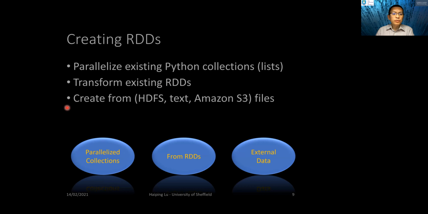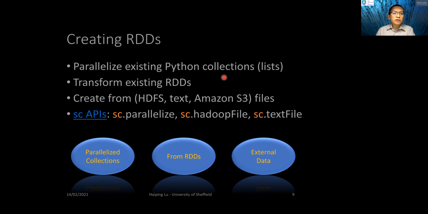And the third way is to create from external files, such as text files or Hadoop files. For these operations, we use the Spark context, SC, APIs, such as sc.parallelize, sc.hadoopFile, and sc.textFile. So the Spark context SC is for us to create RDDs.